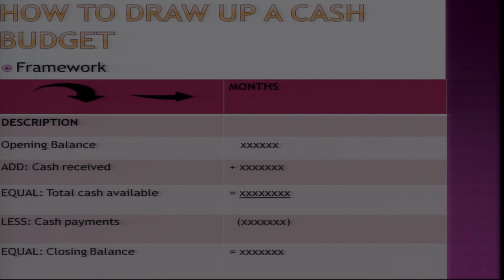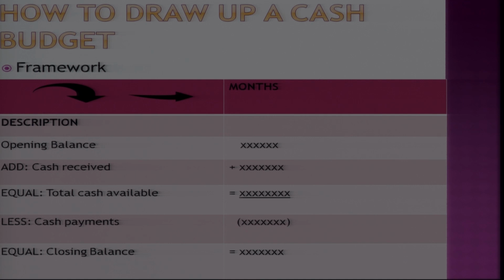So you need to know all the income in your question. That will come under your cash received. Then you'll say opening balance plus all your cash received is equal to your cash available. Less your cash payments. Now your cash payments are all your expenses. And then you'll say your total cash available less your cash payments equals your closing balance.